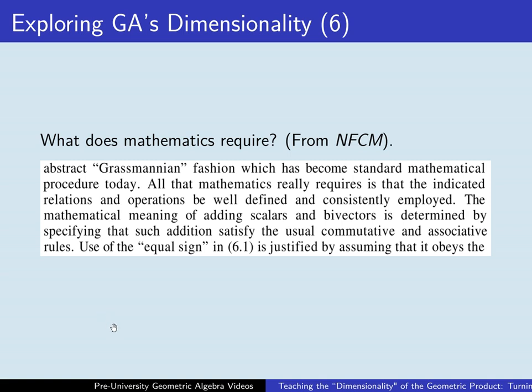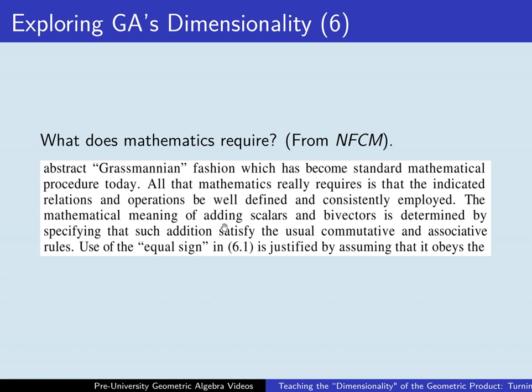So the mathematical meaning of adding scalars and bivectors is determined by specifying that this addition, so-called, satisfies the usual commutative and associative rules. So again, it would not matter what we called that operation or what symbol we used to represent it. We could have drawn a little bunny in there instead of the addition symbol and called that addition whatever we wished, and we would still use it and it would still have the same properties.